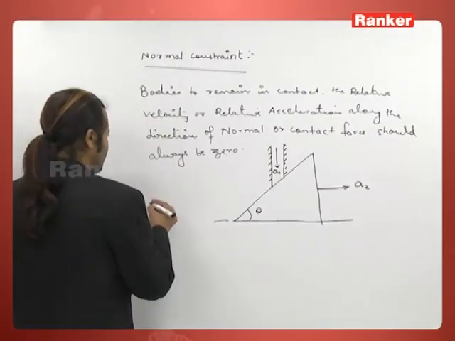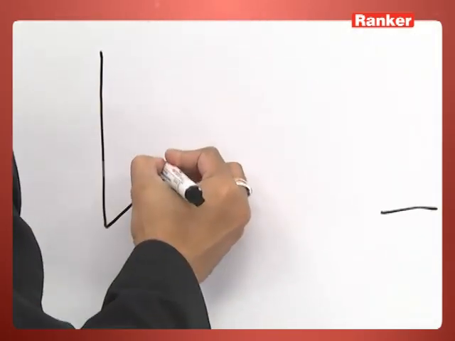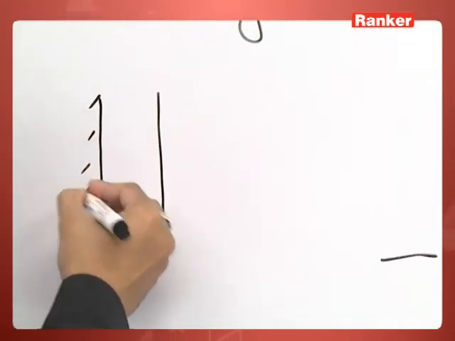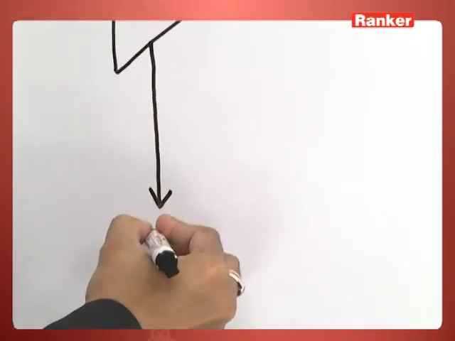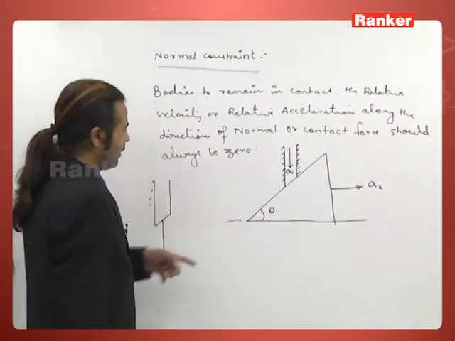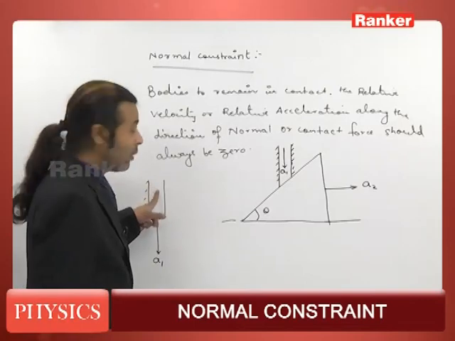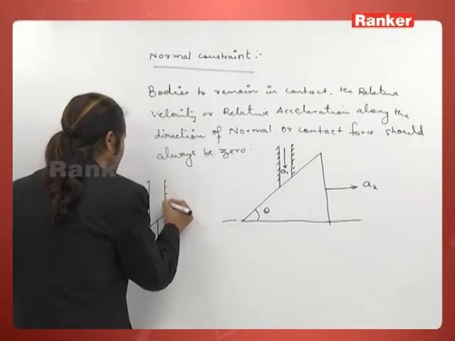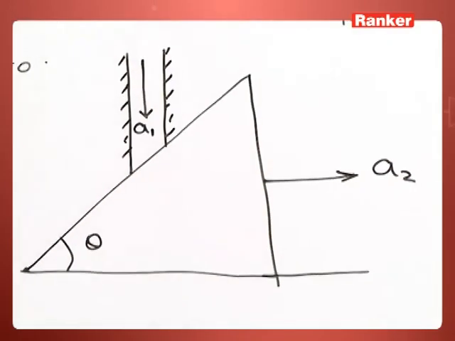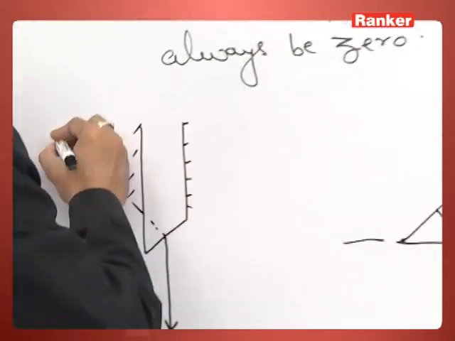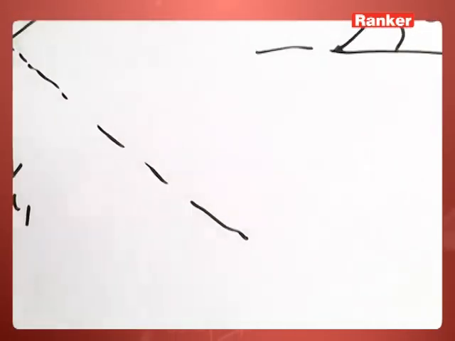Now, first of all, I take this body, which is moving with an acceleration a1. On this body we need to find out the direction of the contact force. This wedge must be giving a contact force in this direction. So I extend the contact force line.